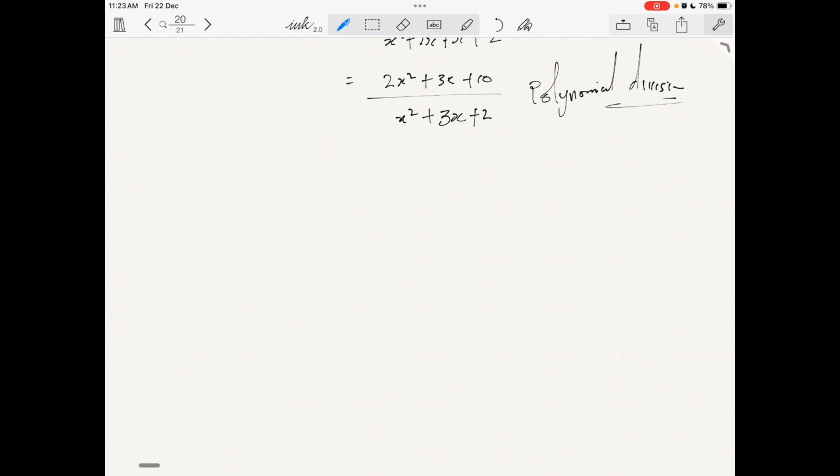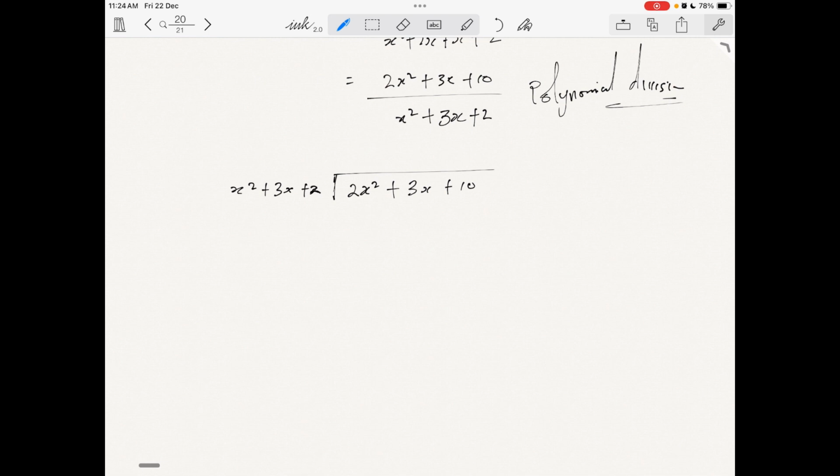Remember, we have our quotient, our divisor, our dividend, and also our remainder. Our dividend is 2x squared plus 3x plus 10, that is what we are dividing, and what we are dividing it with is our divisor, that's x squared plus 3x plus 2. So kindly go back and watch the video so you get more emphasis on it.